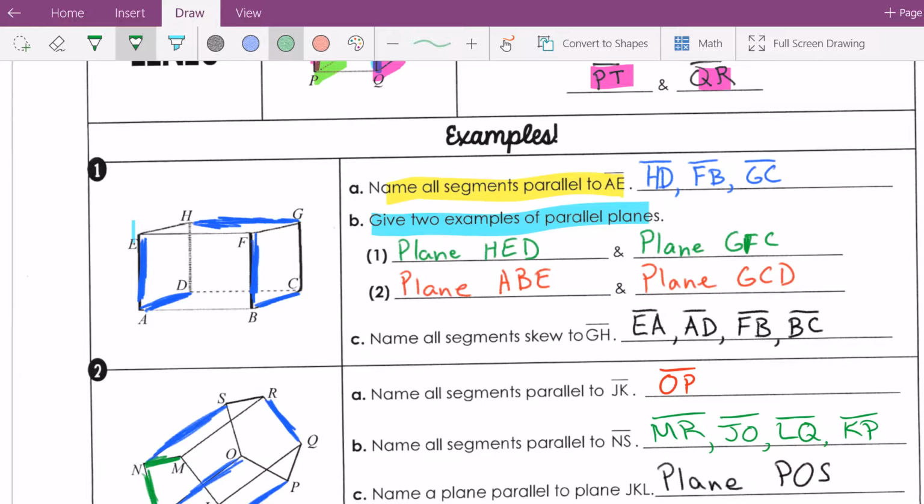Those are all other ones that will be skew. So NM, JN, JK, and lastly LK. And those would be the ones that would be skew to RQ.